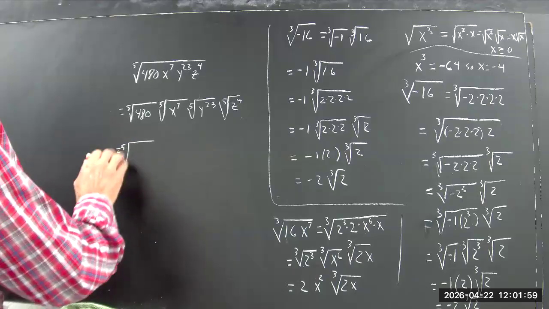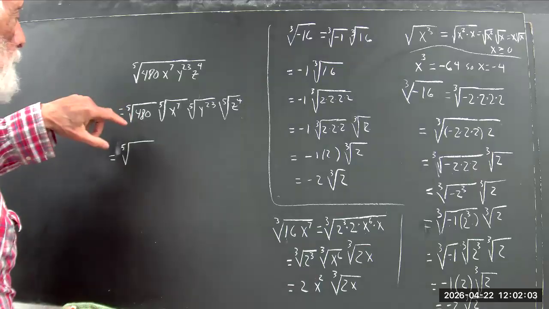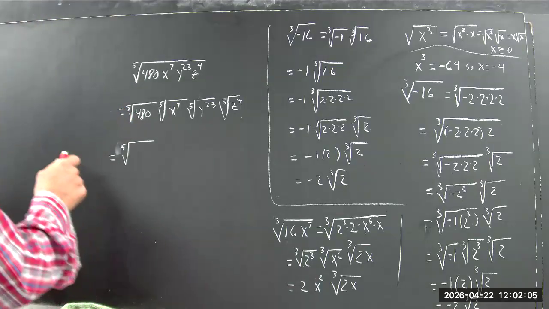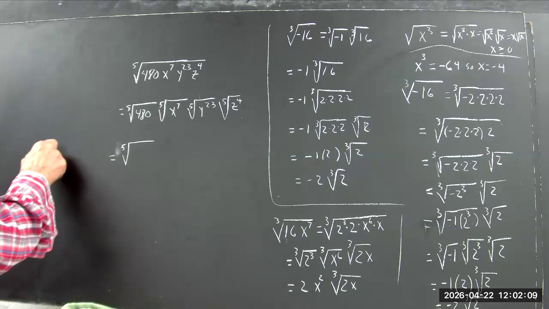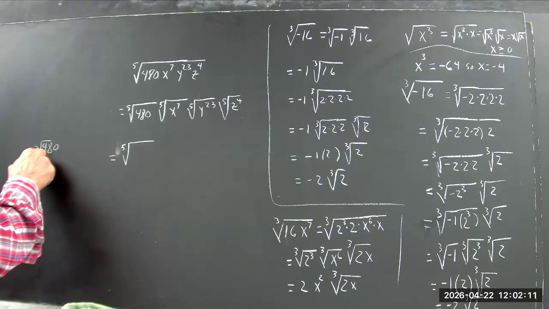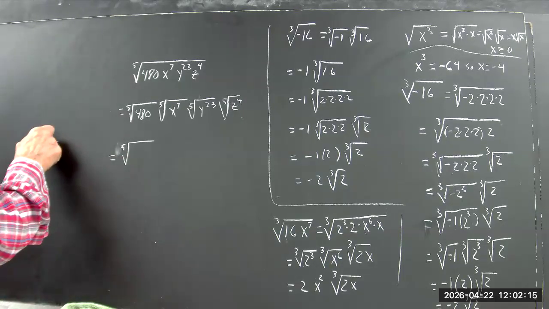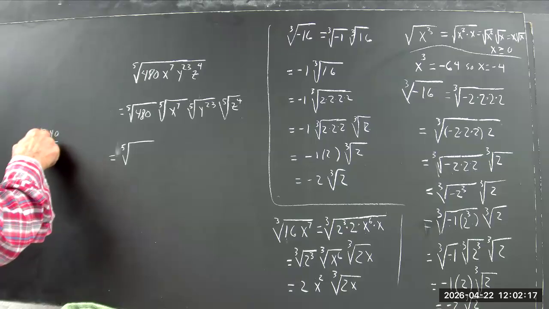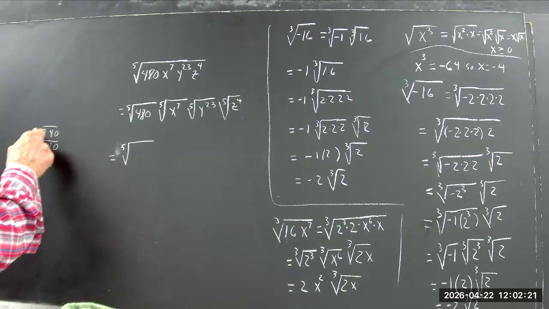480. Well, if we divide by 2, we get 240. I'll just do the prime factorization of 480 over here, because I'll lose track of all the 2s and 4s and everything and get the wrong number. So we divide 480 by 2, we get 240.